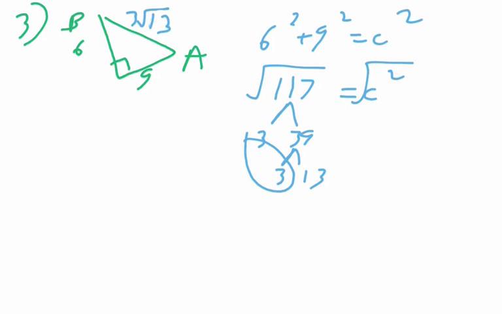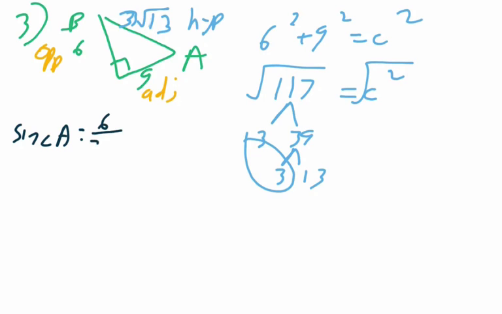So when I do this, I once again have to mark my hypotenuse, my opposite, and my adjacent. So the sine of angle A is 6 over 3 square roots of 13, which is actually 2 over the square root of 13.